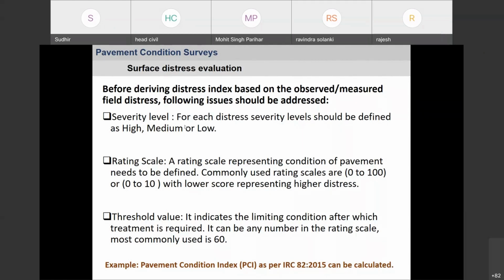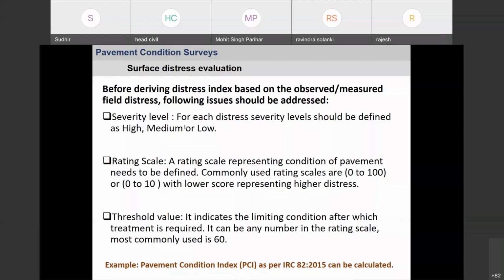You can obtain the definition of severity level for each distress from the IRC code or ASTM standards. But just as an example, when we are talking about fatigue cracking, when you see a single crack along the wheel path, it may be considered a low severity fatigue cracking. When you have a couple of cracks running along the wheel path, you may consider it medium severity cracking.